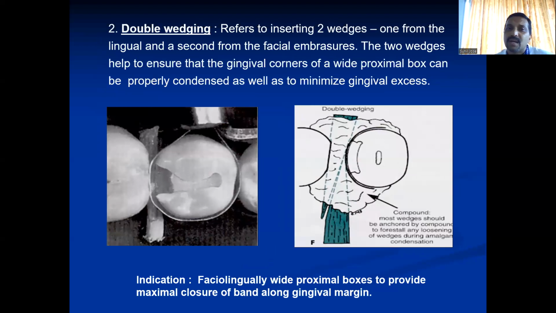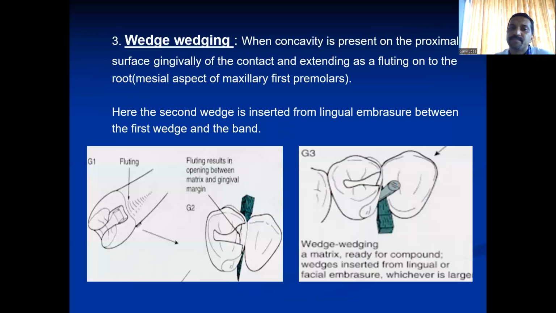Double wedging refers to inserting two wedges, one from the lingual and the second from the facial embrasure. The two wedges help to ensure that the gingival corner of the wide proximal box can be properly condensed as well as minimize the gingival excess. Indication: facially wide proximal boxes, to provide maximum closure of the band along the gingival margin.